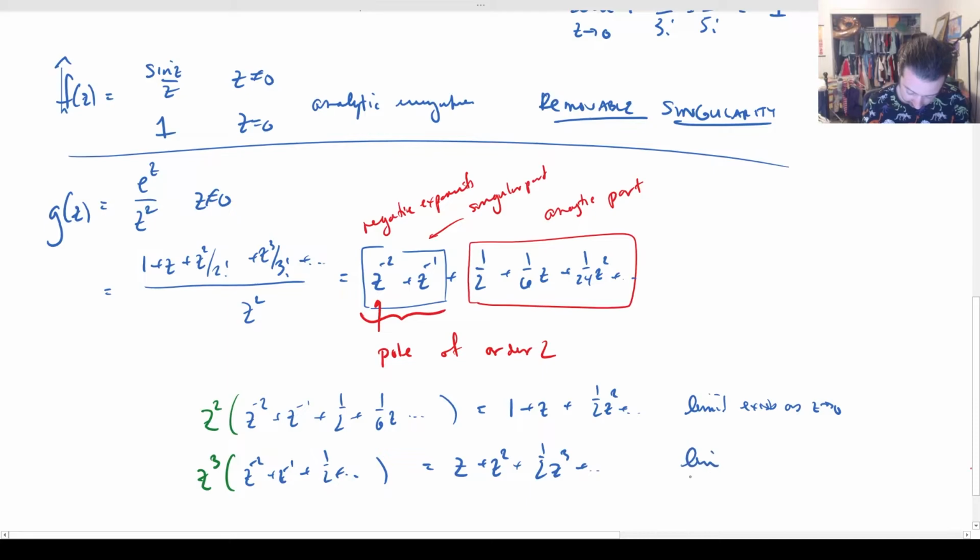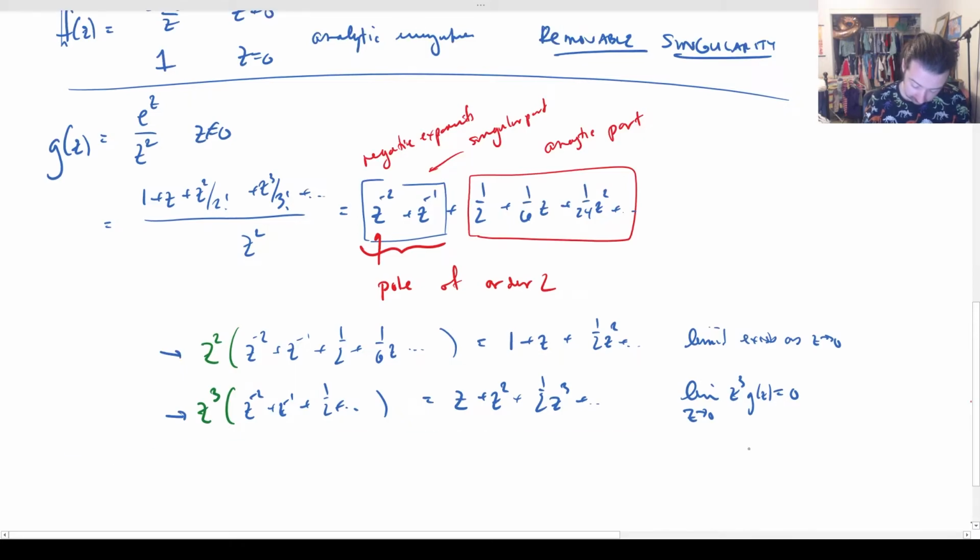This limit as z goes to 0 is 0. And the fact that multiplying by z squared gave a limit that wasn't 0 and multiplying by z cubed gives a limit that is 0 is how we're going to characterize exactly what we mean by a pole of order 2.